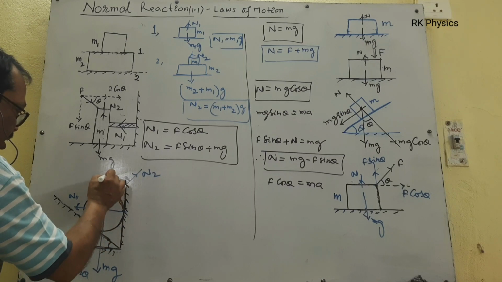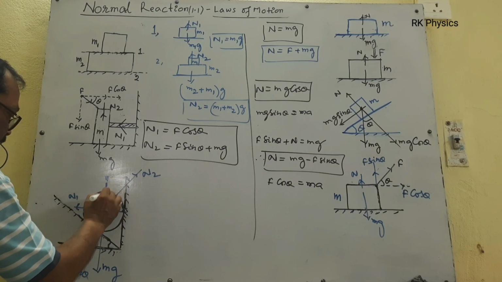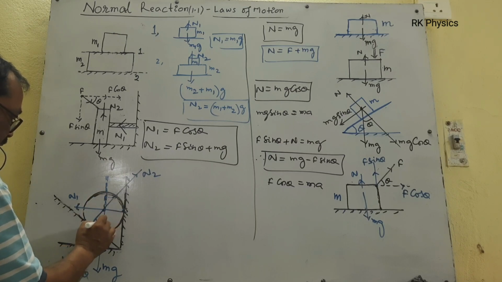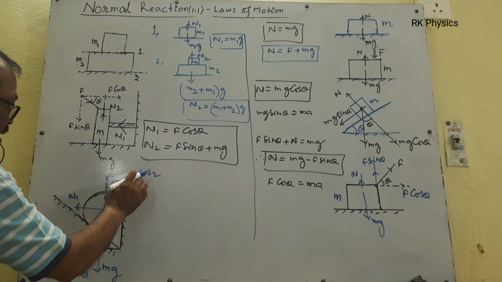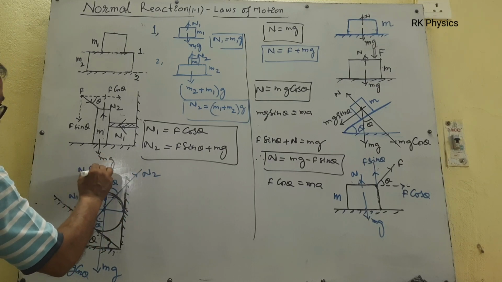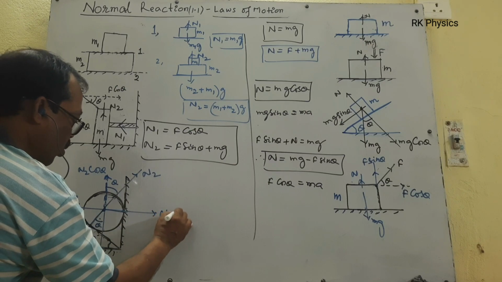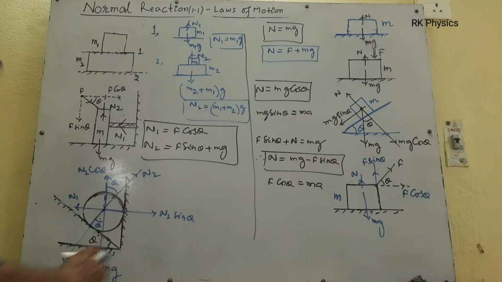This is theta, this is the vertical line of mg, so this is the opposite angle theta. Resolve N2 into components: N2 cos theta vertically up, whereas N2 sin theta towards the right along horizontal.